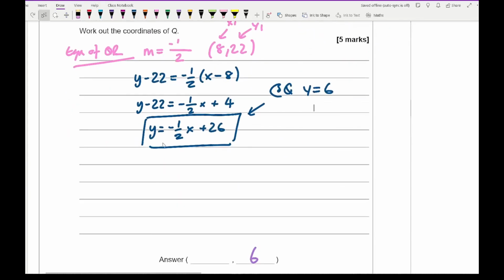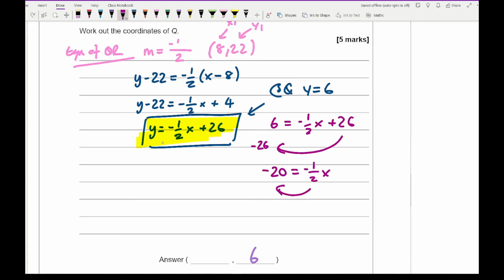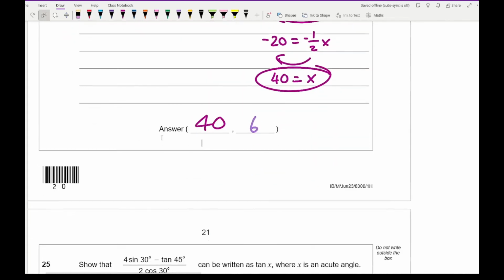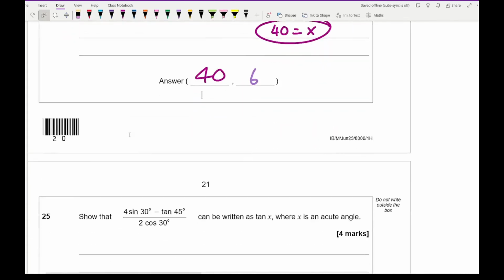So if I substitute y equals 6 into the equation of QR, I get 6 equals -1/2 x plus 26. Take the 26 over to the side, so I end up with 6 take away 26, which is -20, and that equals -1/2 x. Take the half over to the side, and x equals 40. So the coordinate of Q is going to be 40, 6.